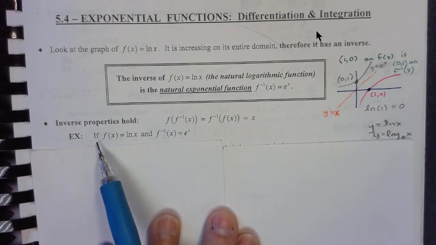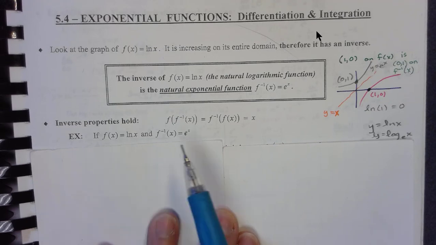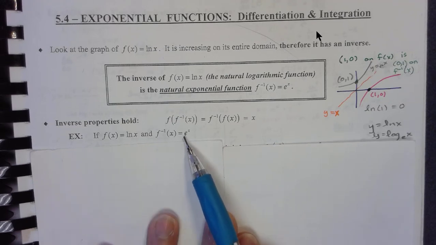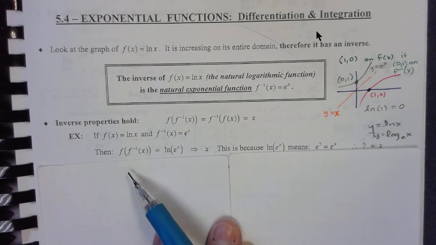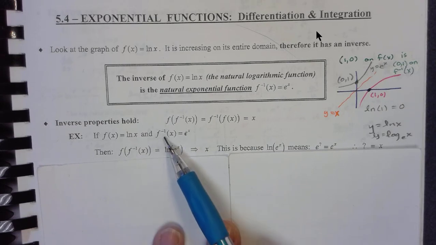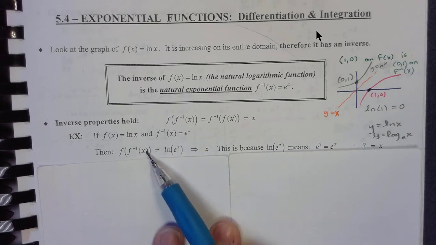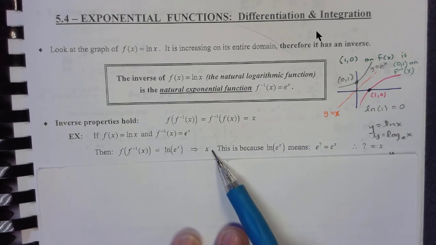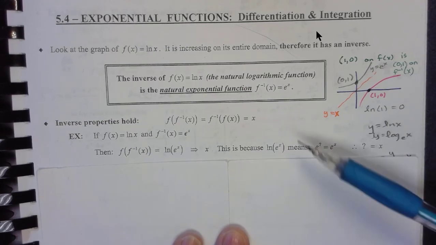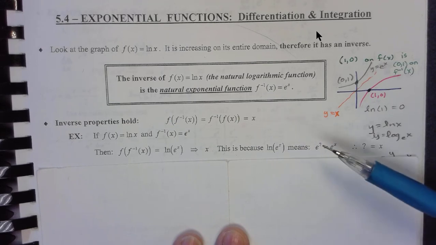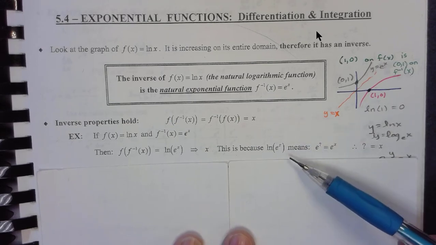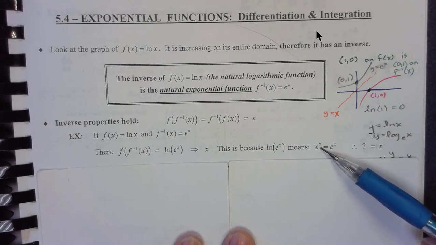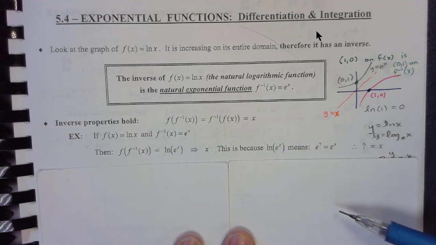So, example, if f of x equals natural log of x and f inverse of x equals e to the x, then when I take e to the x and substitute it into my function, I should get x. And this is because the natural log of e to the x means, let's remember, a logarithm is an exponent. It means e to what power gives e to the x.